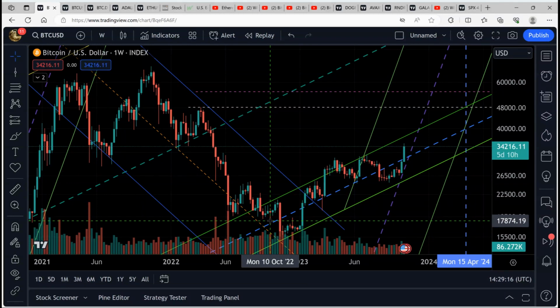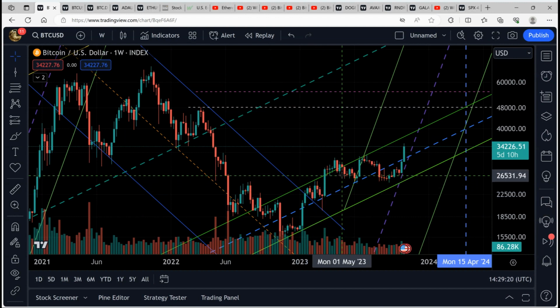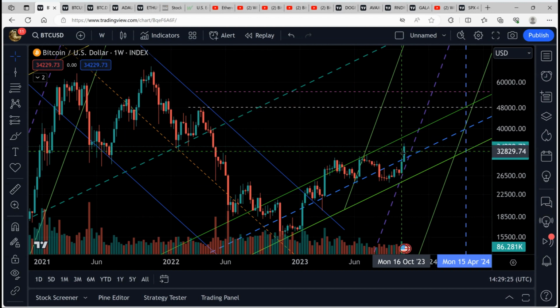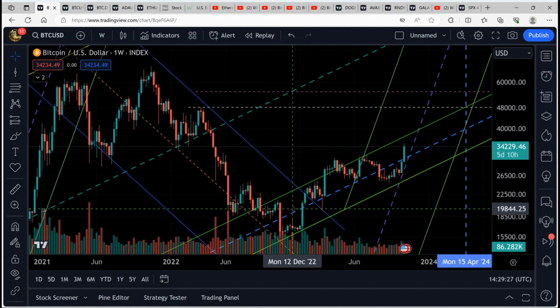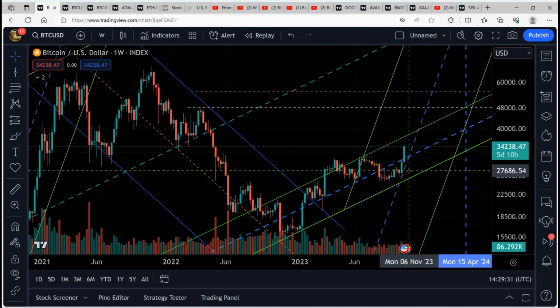And from there, we've continued in the upper portion of this parallel channel. That's where we're currently trading, with the exception of FTX and with the exception of this.